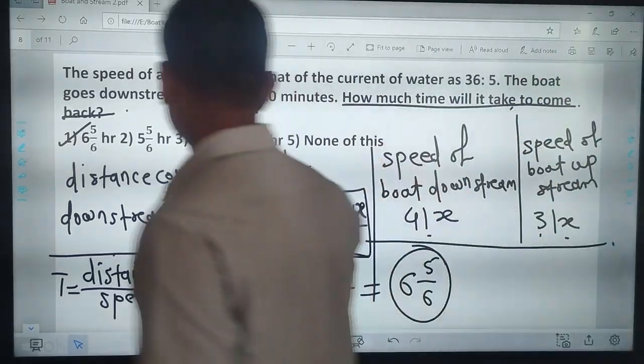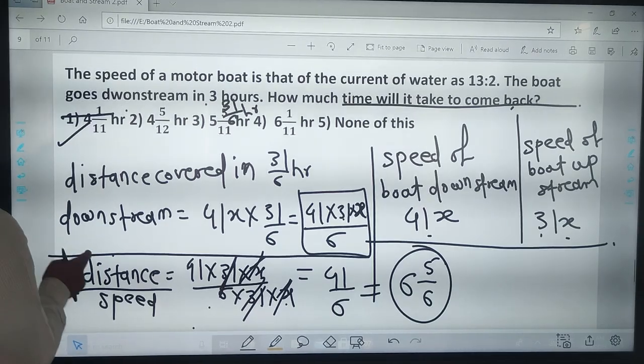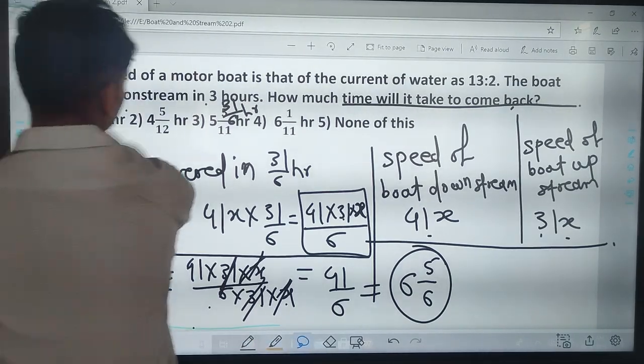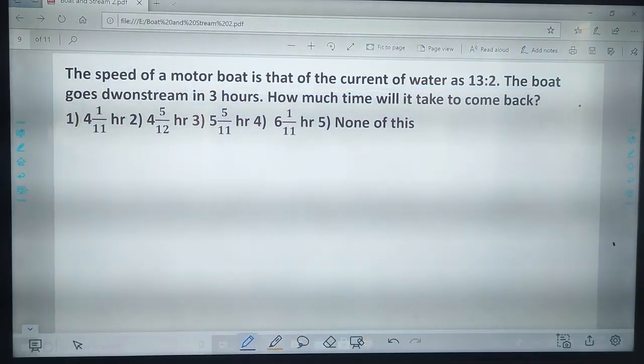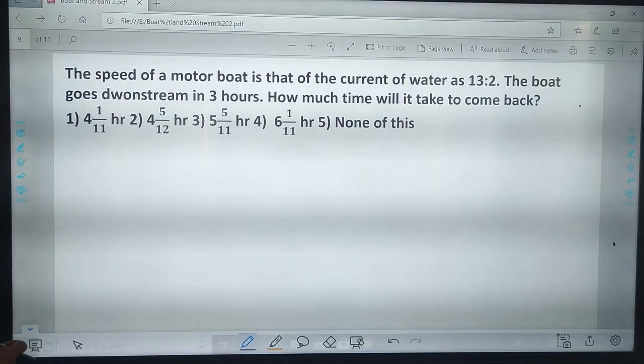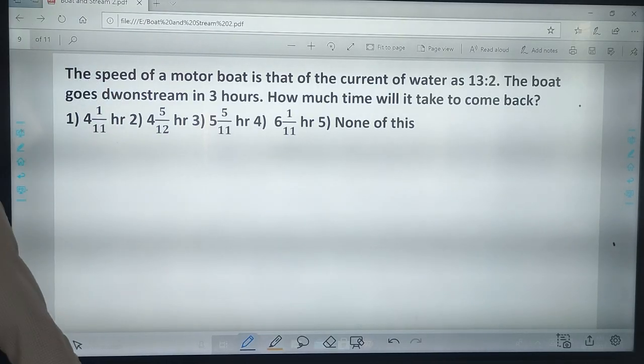Now next, the ratio of the speed of the motor boat in still water to that of the current of water is 13:2. The boat goes downstream in 3 hours. How much time will it take to come back?